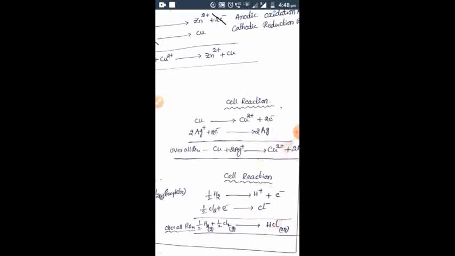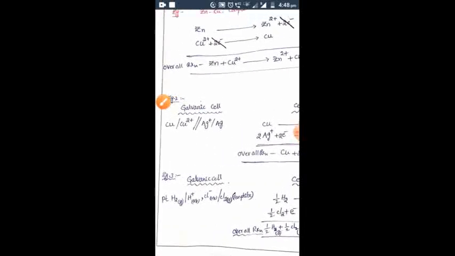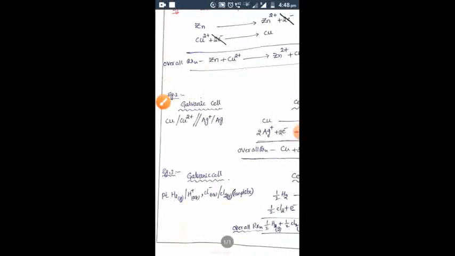This is the oxidation process of copper, which is taking place at the left hand side of the galvanic cell. Now look at the right hand side of the galvanic cell. Here Ag+ and Ag are there. That means Ag+ is converting into Ag.